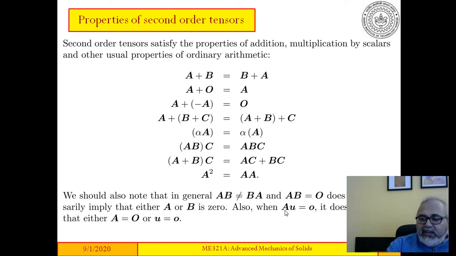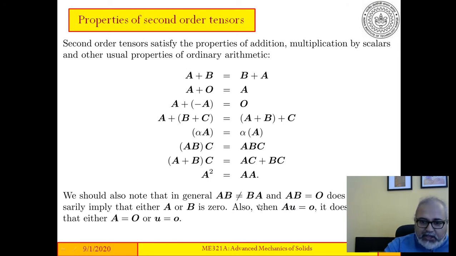Similarly, when A multiplied by a vector is equal to a 0 vector, remember a second order tensor multiplies a vector to give you a vector. So this is a 0 vector. When A multiplies a vector u to give you a 0 vector, it does not mean that either A is equal to a 0 tensor or u is equal to a 0 vector.